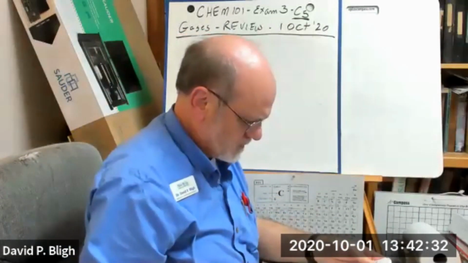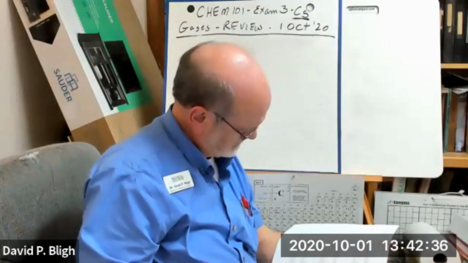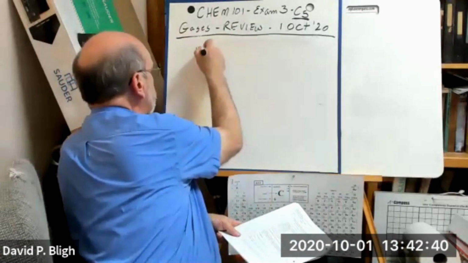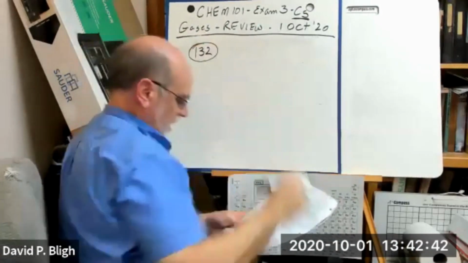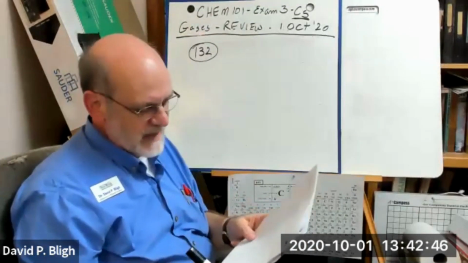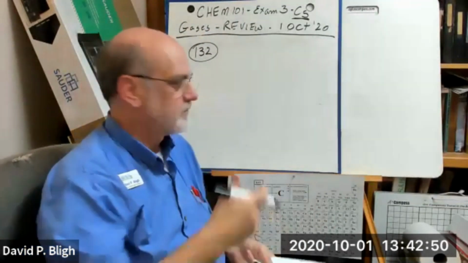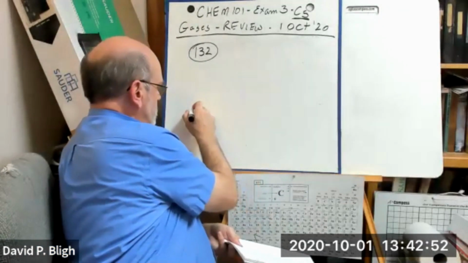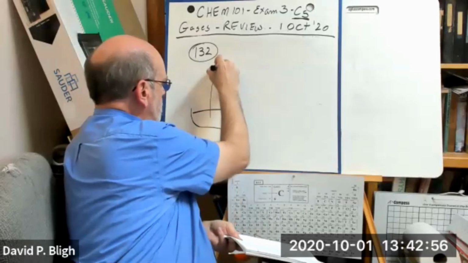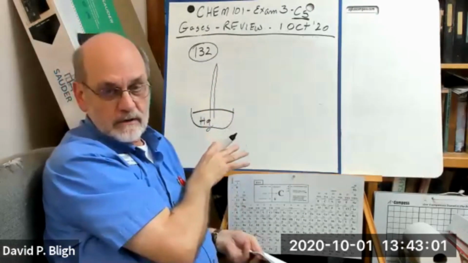Let's see, the other two. 132 uses a term that we haven't discussed yet. It's called a manometer. A manometer is like a barometer, only, there's our barometer.